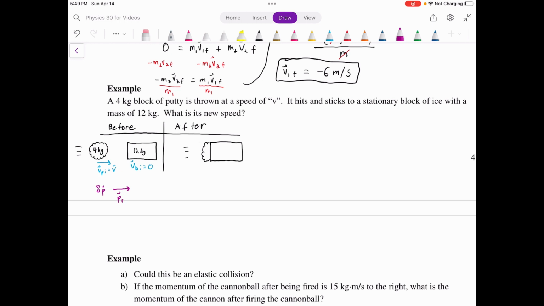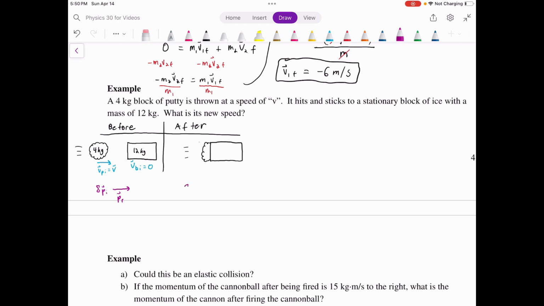Now afterwards, it's going to hit the block of ice and they're going to move together as essentially one object. Now, if the momentum is to the right here and about this big, without even thinking about it, what's the momentum like here? It's the same. It's about that big and it's to the right.